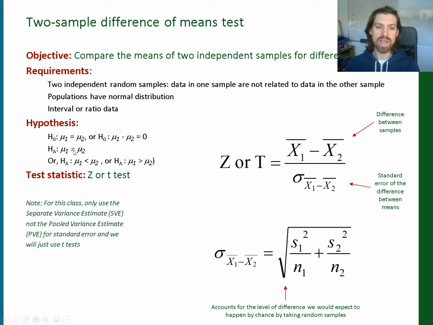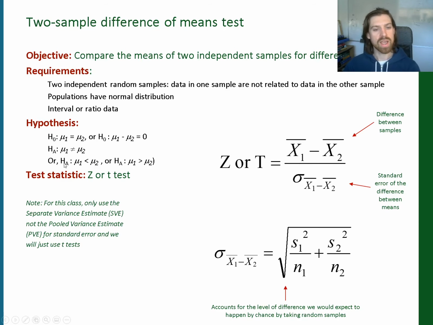We're just not saying which direction we think that is. So it could be that one's larger or one's smaller, but therefore this is a two-tailed test. We're saying that the magnitude of the effect could be either large, so in the upper tail of the distribution, or much smaller, so in the lower tail of the distribution.